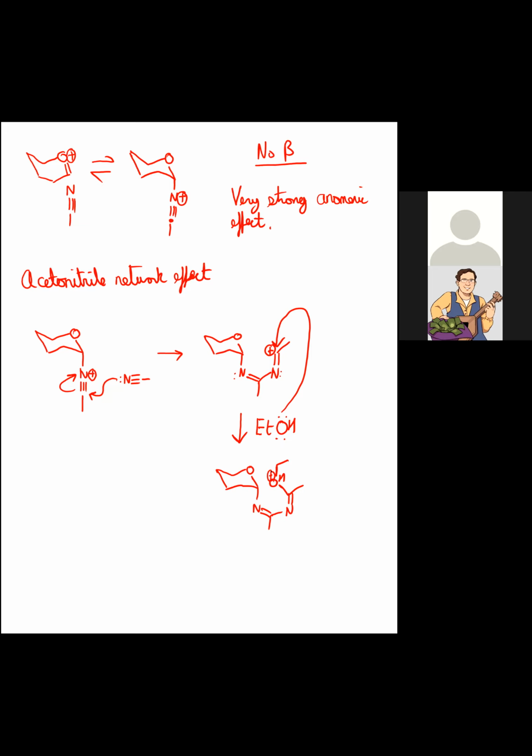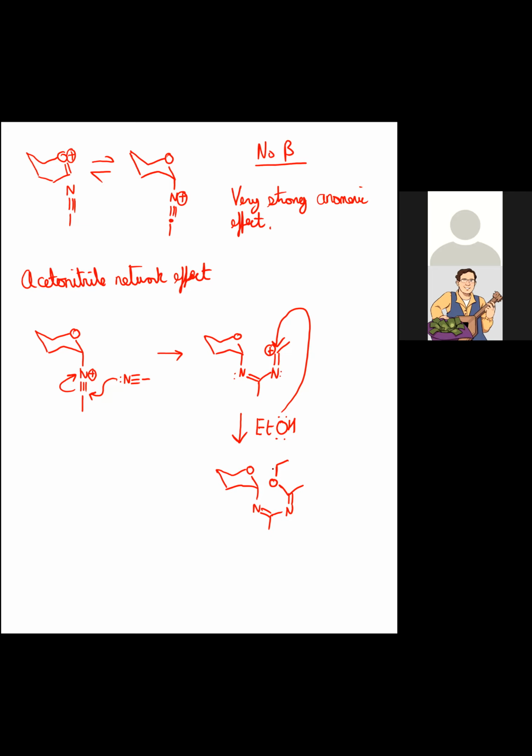And now, of course, we move that positive charge onto an oxygen, which is quite a lot better than having it on the positively charged nitrogen. So that actually seems pretty favorable.